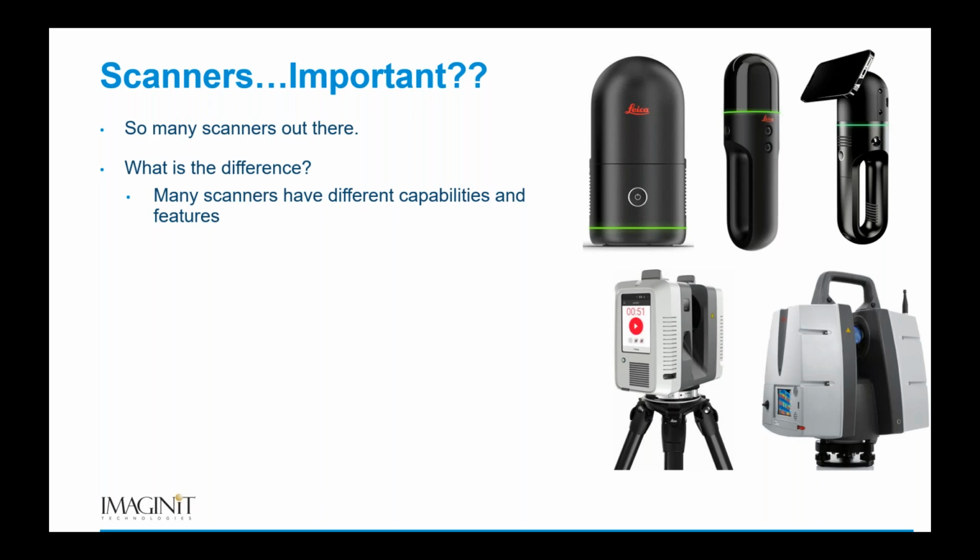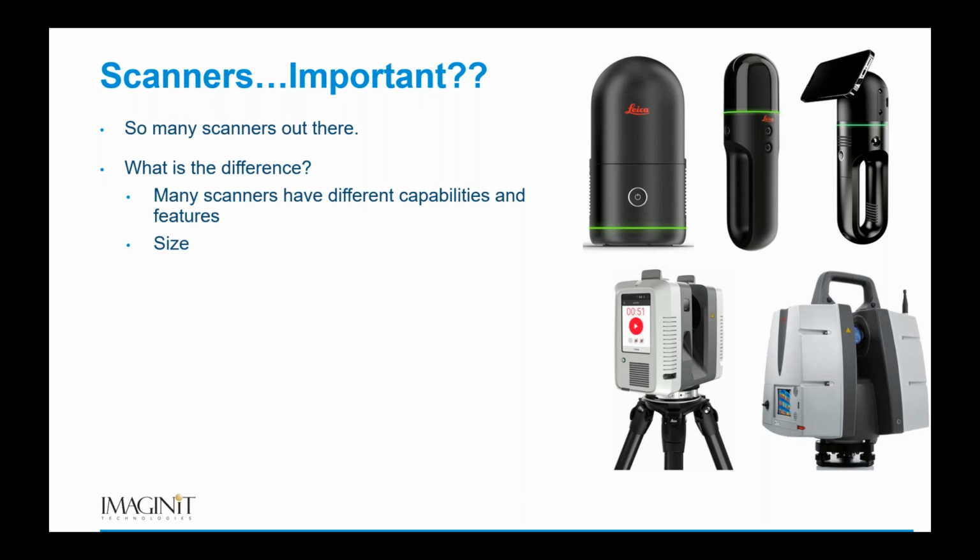So I mentioned scanners have different capabilities. Obviously, size. Size matters here because, boy, look at the scanners you see there. I have some a little blown up here, and some are maybe a little smaller than they should be.